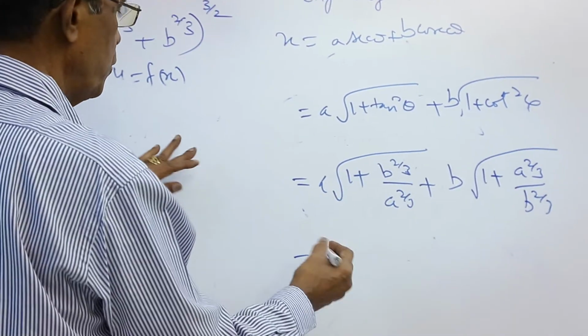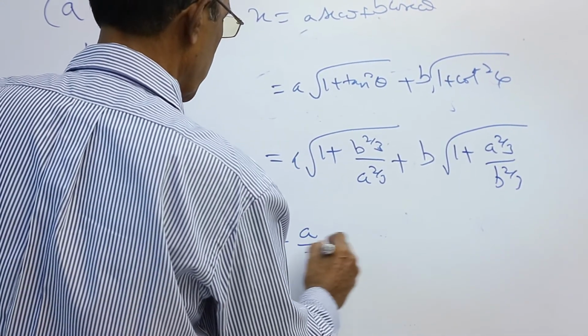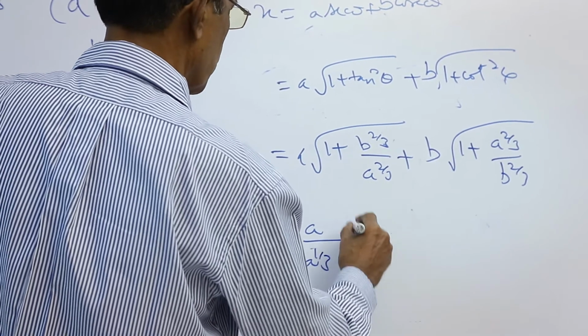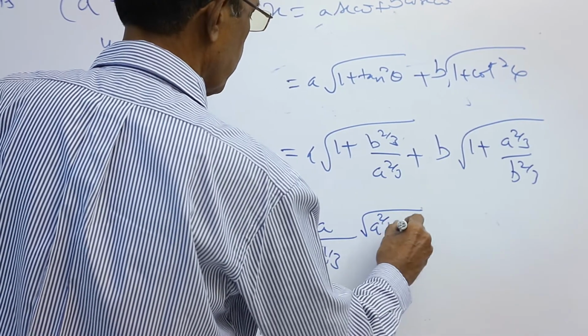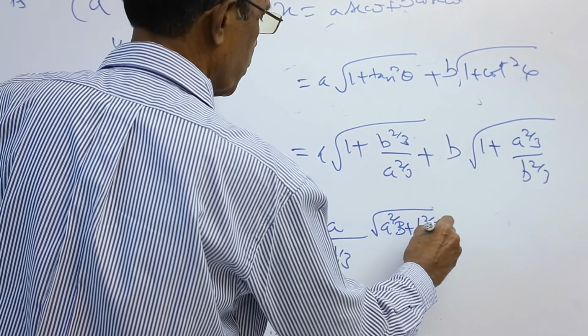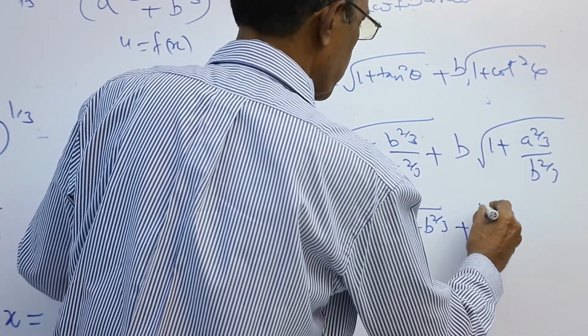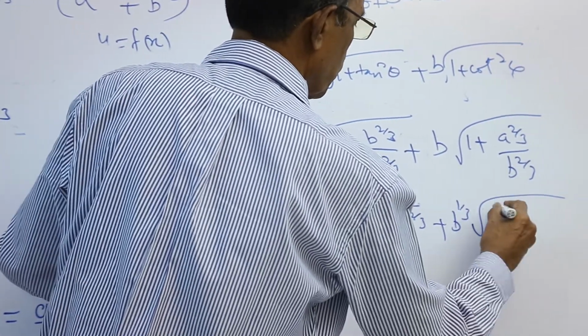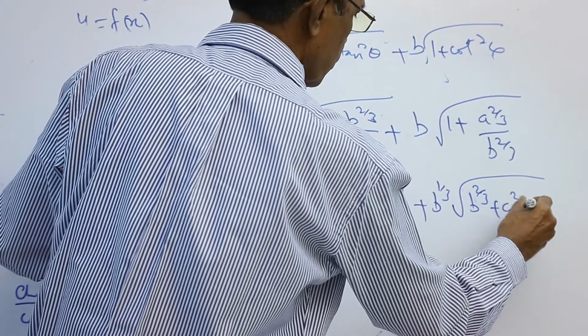And if you simplify it, you get this. This is a by a power 1 by 3 into a power 2 by 3 plus b power 2 by 3, plus b power 1 by 3 into b power 2 by 3 plus a power 2 by 3.